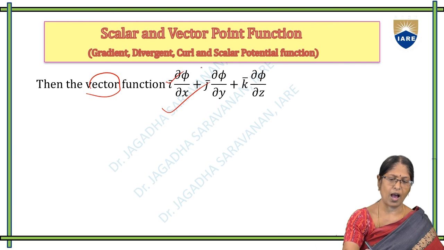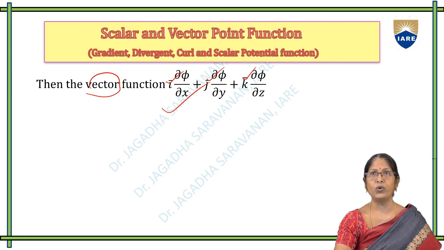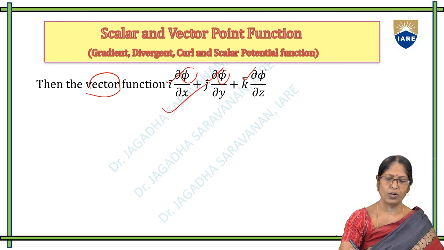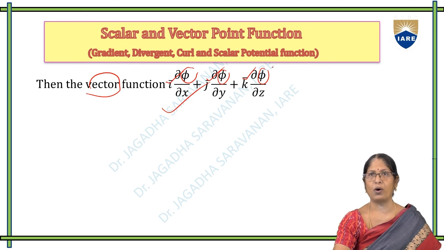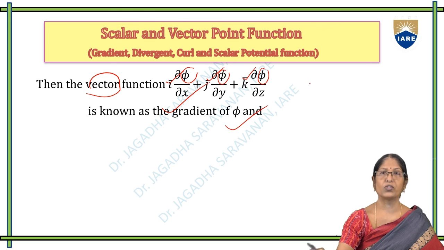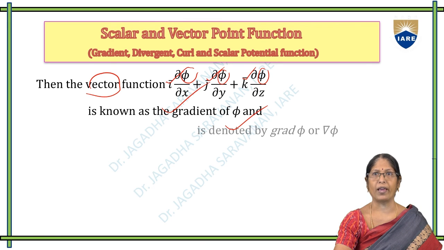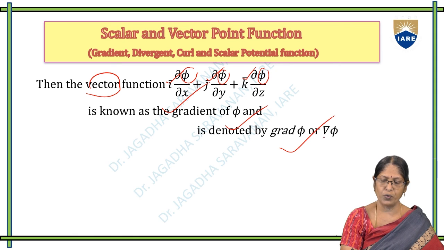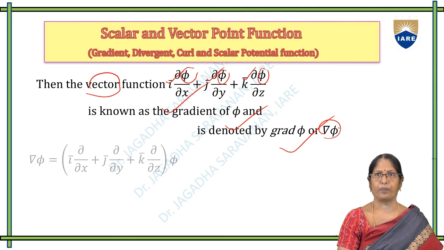Here i, j, k are mutually perpendicular vectors, and when φ is connected to our gradient, it becomes i ∂φ/∂x plus j ∂φ/∂y plus k ∂φ/∂z, which is known as the gradient of φ and is denoted by grad φ, or we can use the symbol ∇φ.